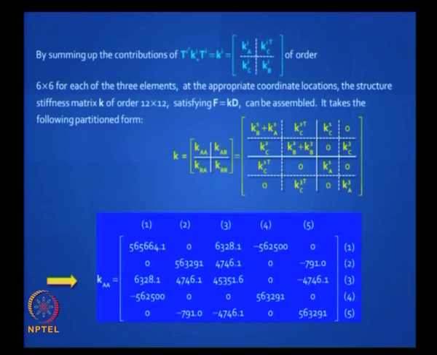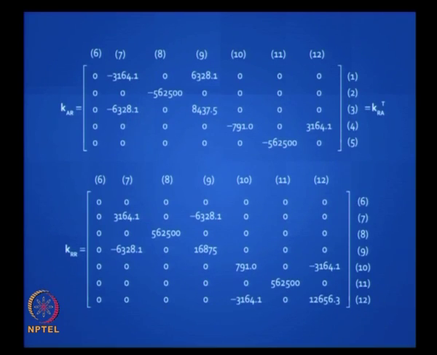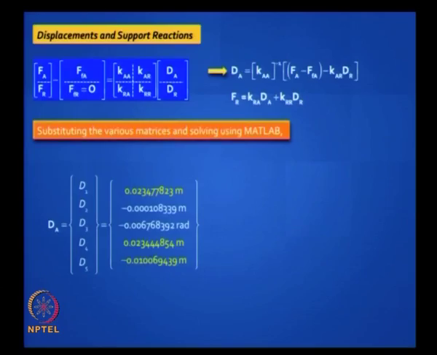So you get KAA, but note KAA now has a size 5 by 5, without the internal hinge it was 6 by 6, and then KAR and KRR can be worked out, and please note KRR will now have a size 7 by 7, okay, that is it.